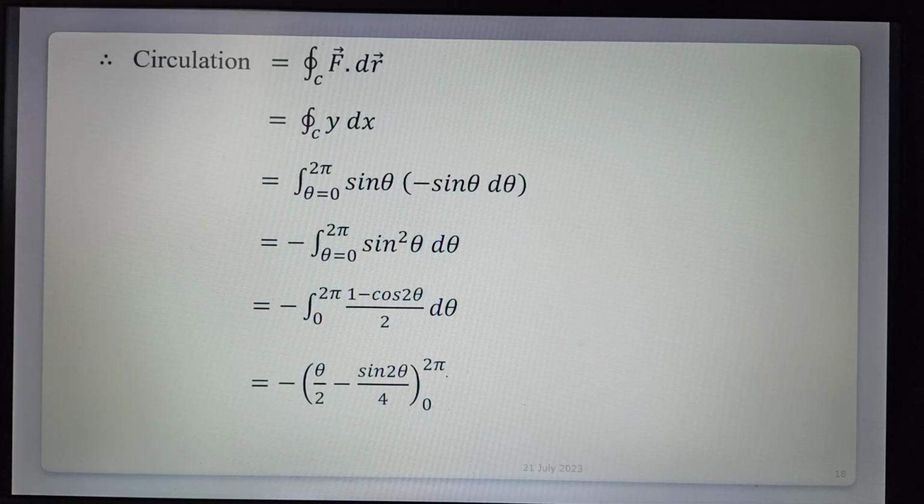Substituting theta equal to 2 pi, 2 cancel, sin 2 pi is 0, lower limit 0, so 0. The required value is minus pi. This is the circulation of the given vector field.